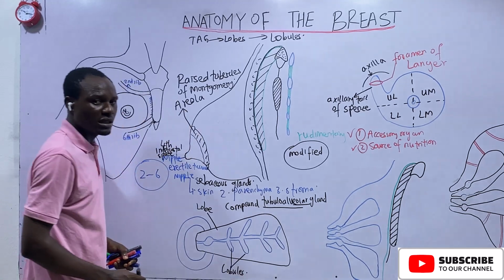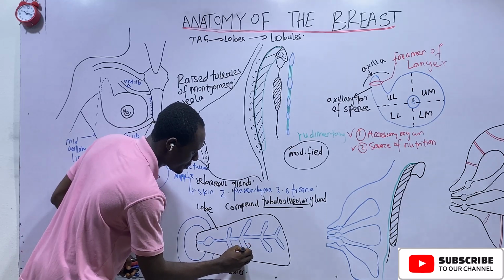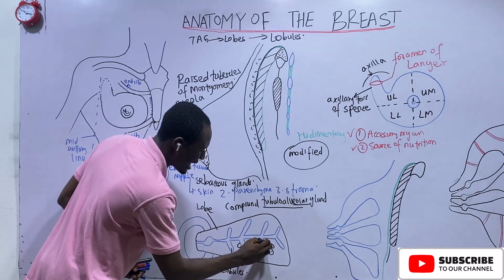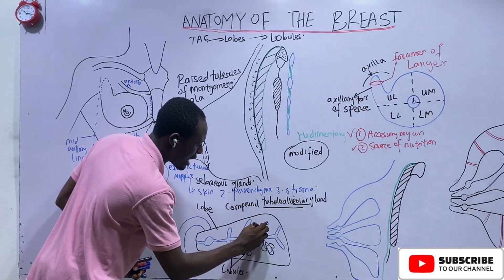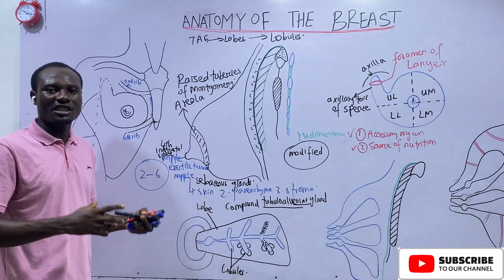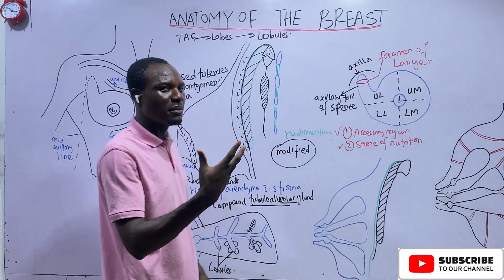Okay. Then surrounding each lobule are these cells right here, and secretory cells. So the secretory cells that surround the lobules are known as acini cells. So what's the mechanism?